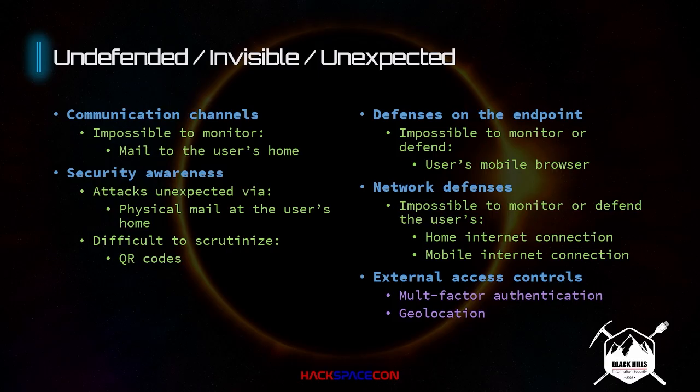Well, how about the payload that I'm going to use with it? We talked about how the users can scrutinize URLs and attachments. What's something that maybe the user hasn't been trained how to scrutinize or that they don't have the ability to scrutinize? Well, for that, maybe a QR code would fit well, because a QR code, unlike a URL or a file name, cannot just be scrutinized by looking at it.